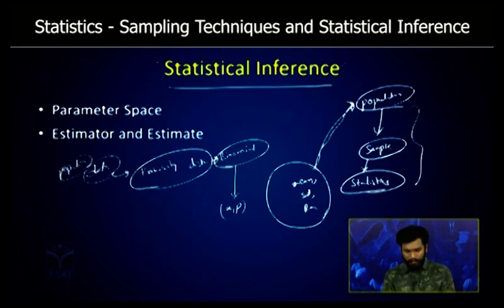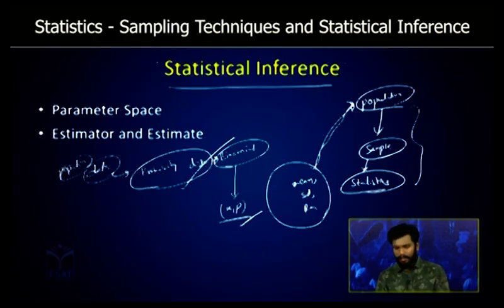Now this probability distribution can take different values of parameters.